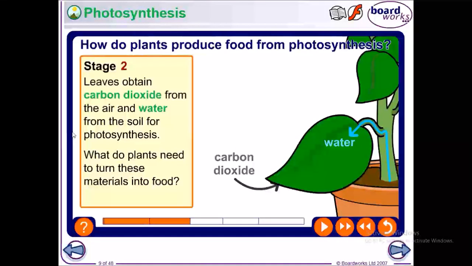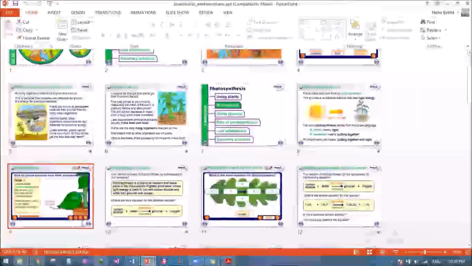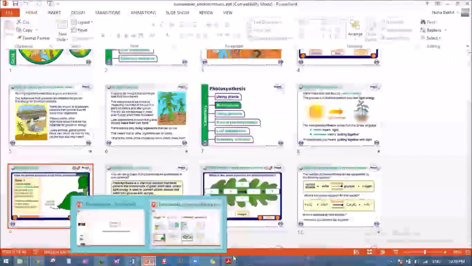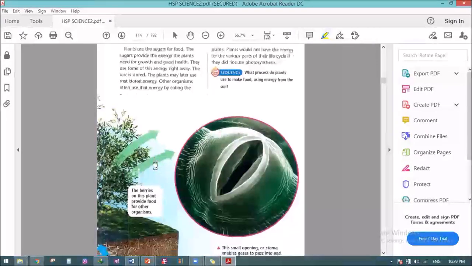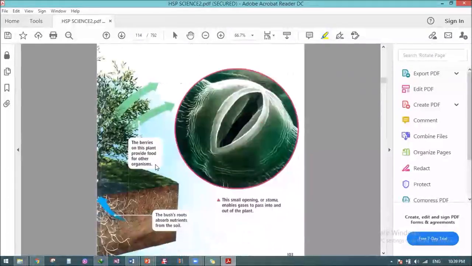If you wanted to ask me how plants breathe, if we zoomed into the leaf, you'll see small openings on the surface of the leaves that we call stomata. Stomata enable the plants to exchange gases with the surroundings. Like the nostrils, or the nose we have, which enables us to breathe in and breathe out, stomata help the plants to breathe in and also breathe out.